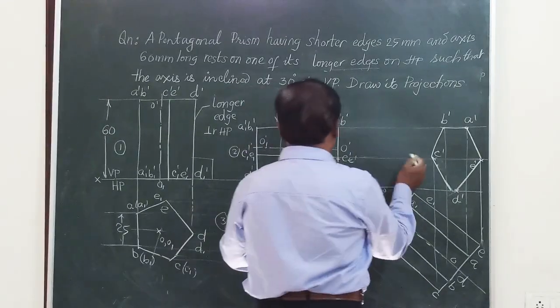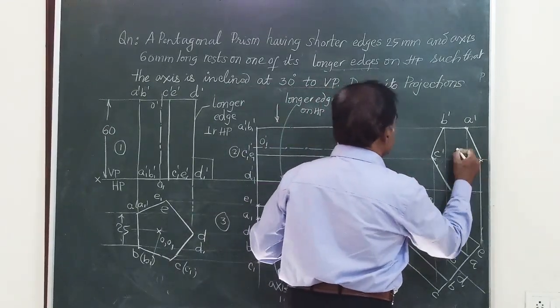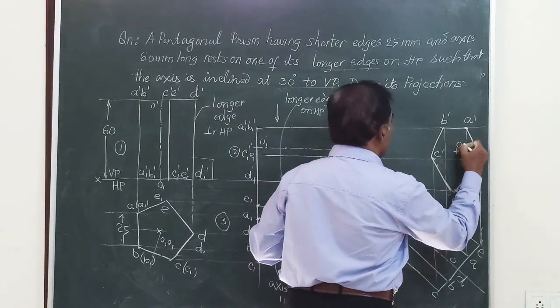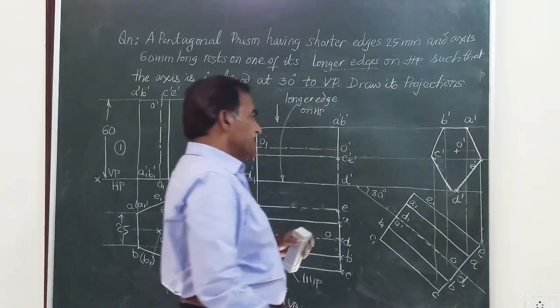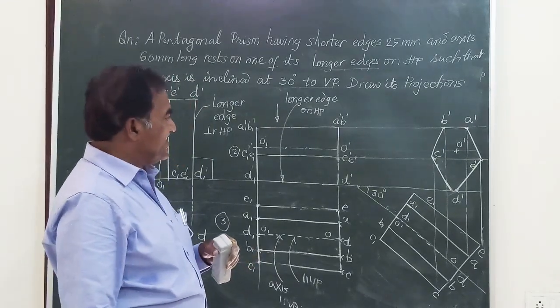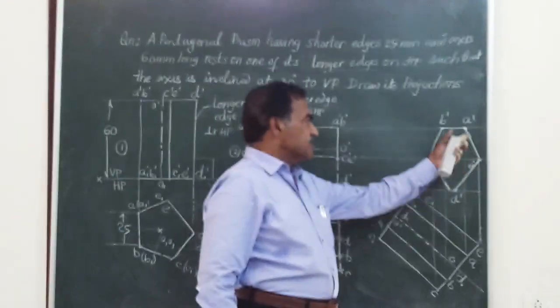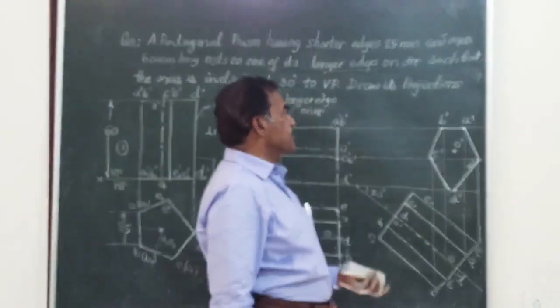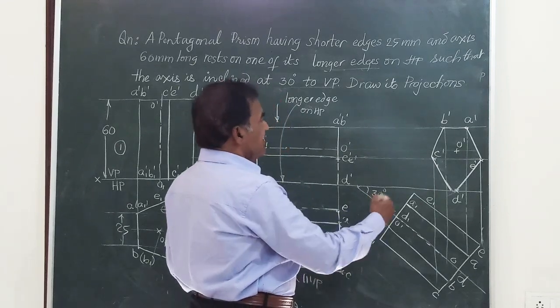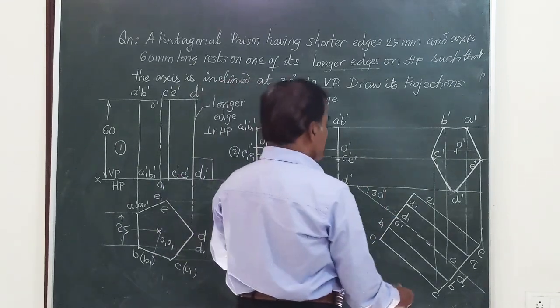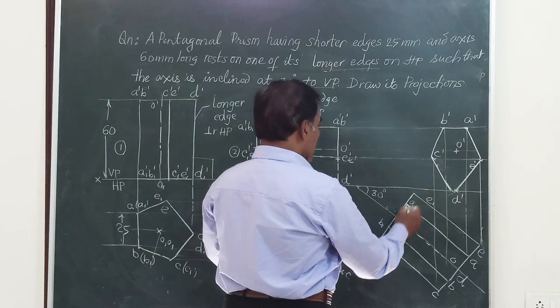And as usual, O, the axis of the object, is here, and you will get O dash, the center of the top face. Similarly, friends, for the bottom face you are going to have one more such figure exactly identical to A dash, B dash, named as A1 dash, B1 dash, etc. So I'll start from this.